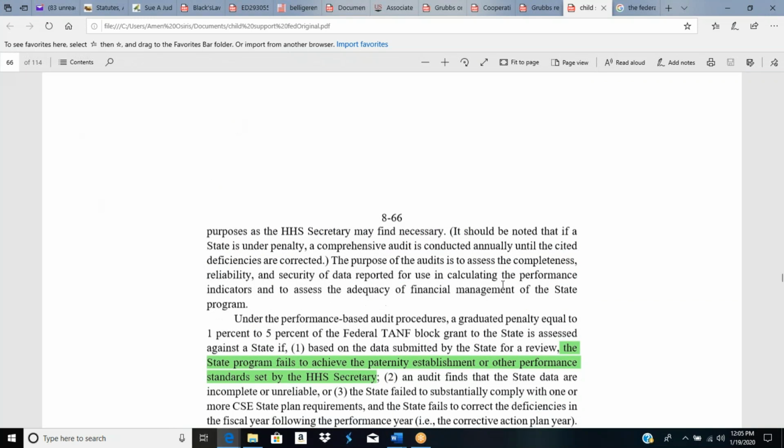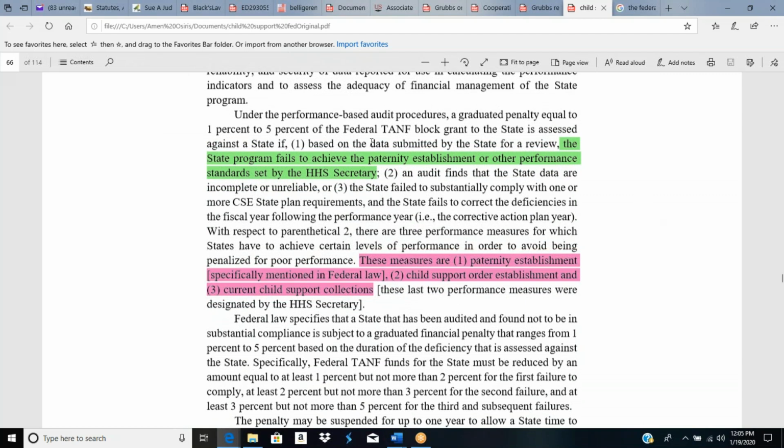Okay. Here you go. Under the performance-based audit procedures, a graduated penalty equal to 1% to 5% of the federal TANF block grant to the state is assessed if, based on the data submitted by the state for review, the state program fails to achieve paternity establishment or other performance standards set by the HHS secretary.